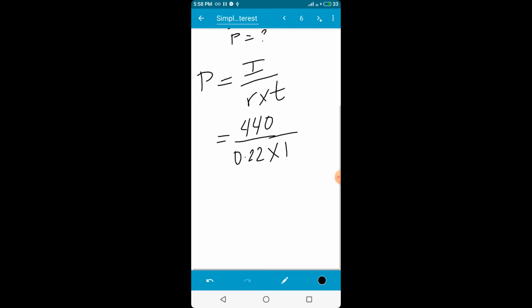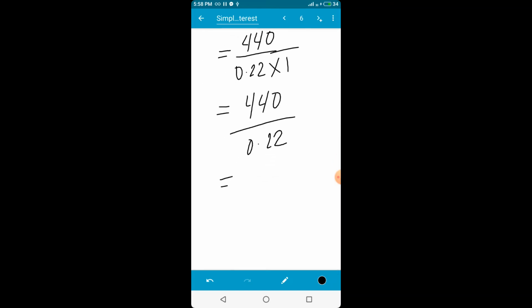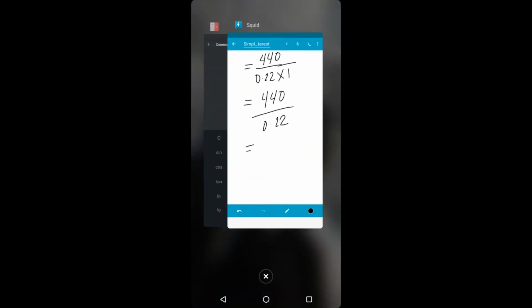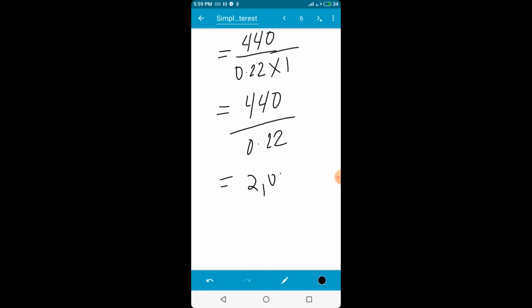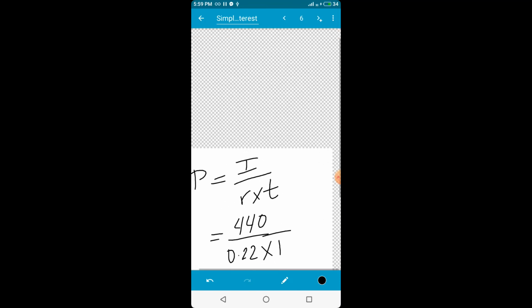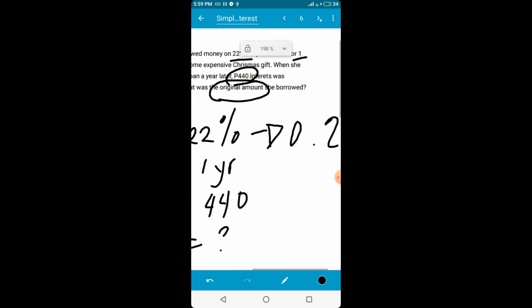So let's solve. 0.22 times 1 is just 0.22. So let's divide. We have 440 divided by 0.22, and the answer is 2,000. So the money that Camille borrowed to buy the expensive gift is 2,000 pesos. Okay?